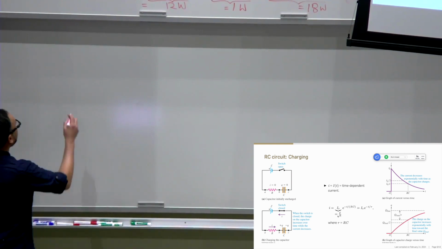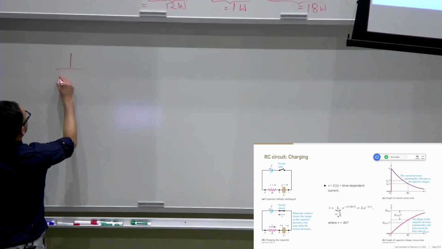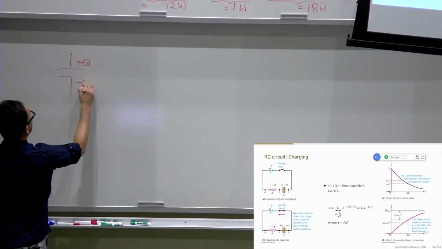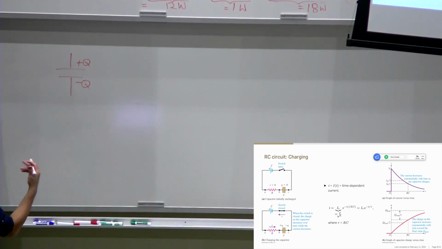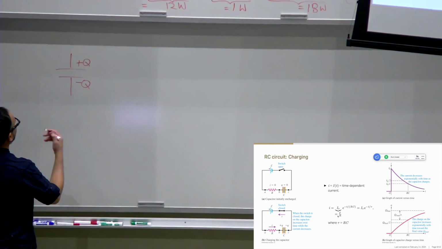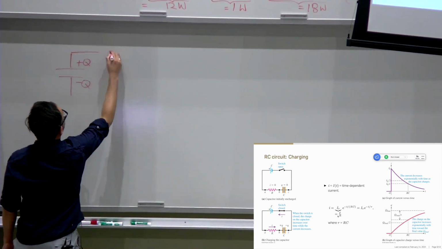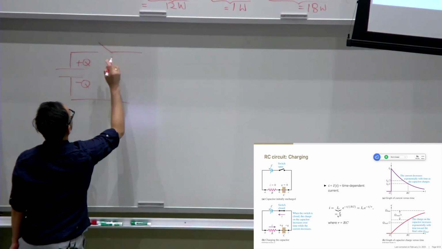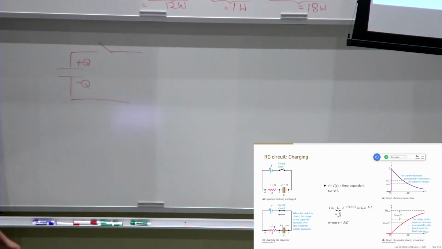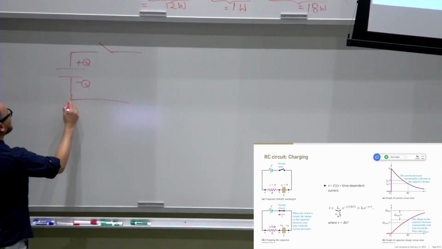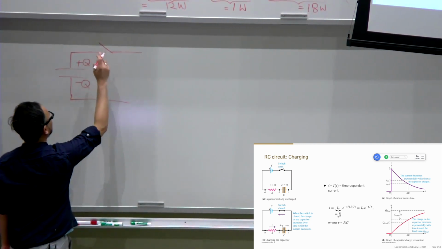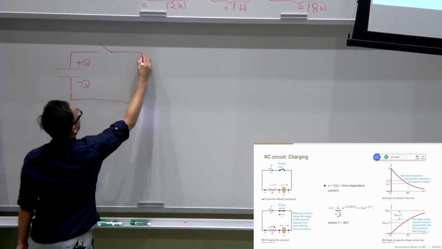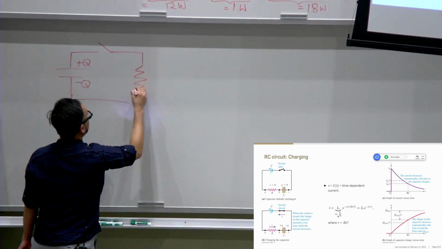So basically, if we have a capacitor, then you can store charges. You can put it Q or Qi, and then if you start with an open circuit, it means that charges cannot flow, and typically we have a resistor here.